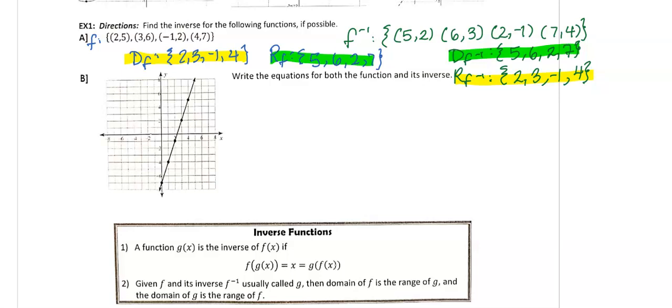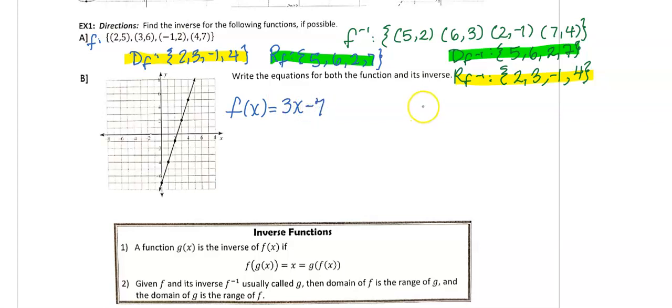For part B, we want to write the equation for the function and its inverse. So the first thing I want to do, it's a line, so let's find our slope-intercept form. For the function, the slope is 3. The y-intercept is -7.